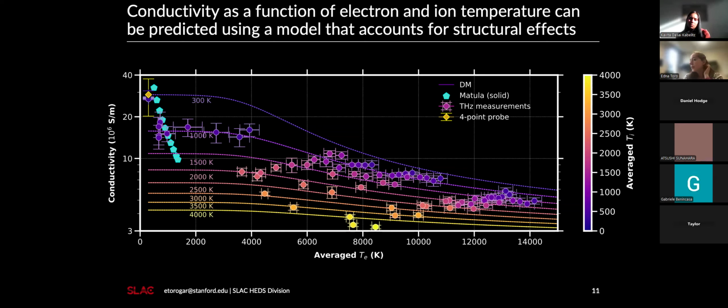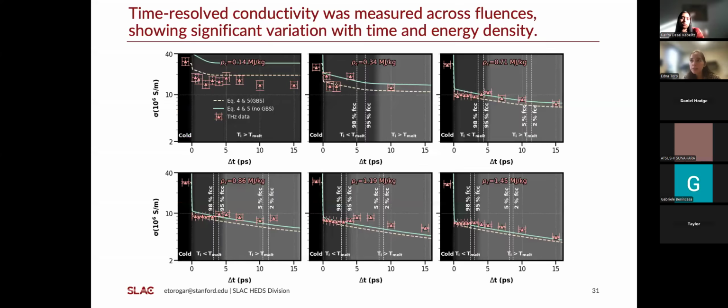So you might be wondering up to which point the grain boundary scattering is relevant, at which point the temperatures start dominating the effect. And the way in which we can analyze this is we can simply go back to our time-resolved measurements that I showed you from the beginning.